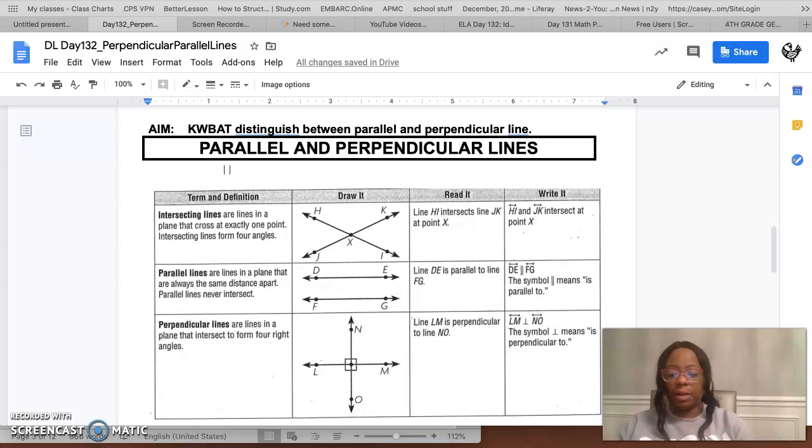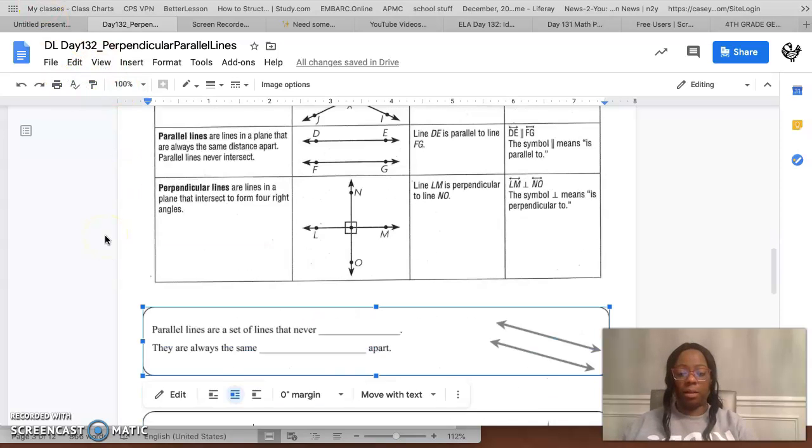And lastly, I learned that perpendicular lines are lines on a plane that intersect to form four right angles. That's pretty particular. Four right angles. If we take a look right here on the chart, we can see that they have the square measure going all the way around. Moving right along.